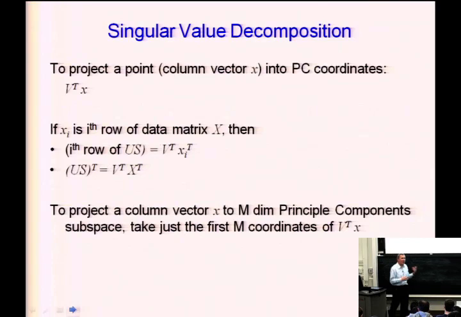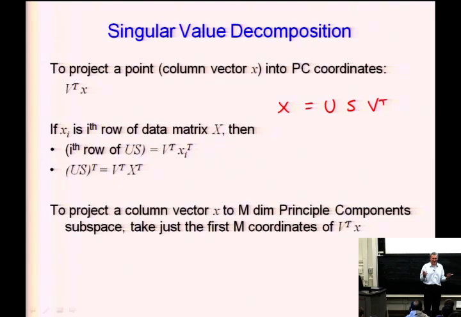Okay, and so then you might ask, well, when we're all done, now we have this matrix X, and we say, well, that's U times this diagonal times V transpose. But now what if, maybe I've learned this lower dimensional representation, but what if I actually want to now take a photograph, an image, and project it into that lower dimensional space? What do I do? Well, it's very straightforward.